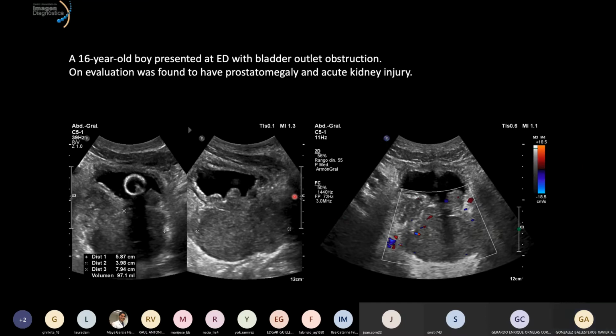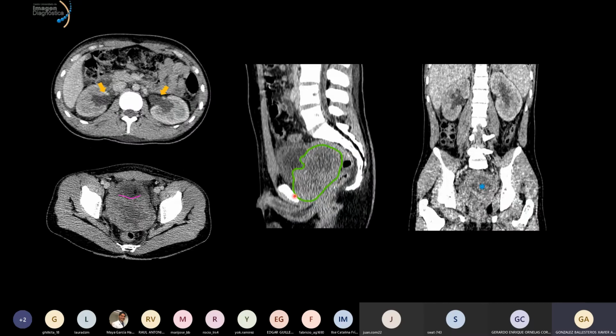Once we saw this tumor in the pelvis, we proceeded to perform an abdominal CT. The abdominal CT shows this heterogeneous mass behind the bladder, anterior to the rectum.